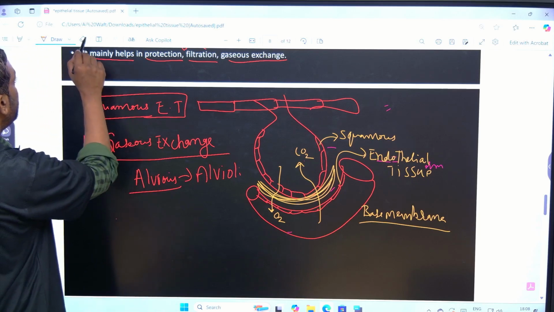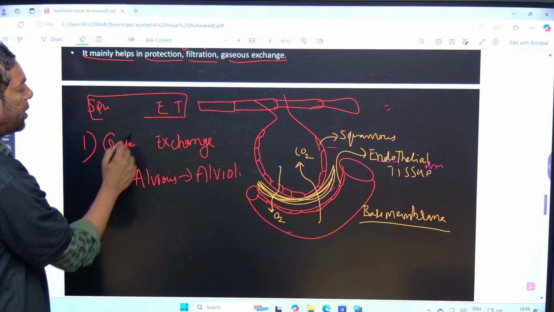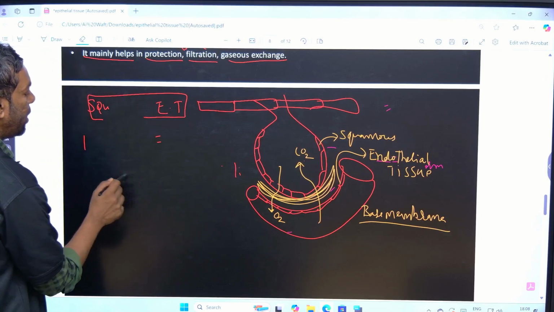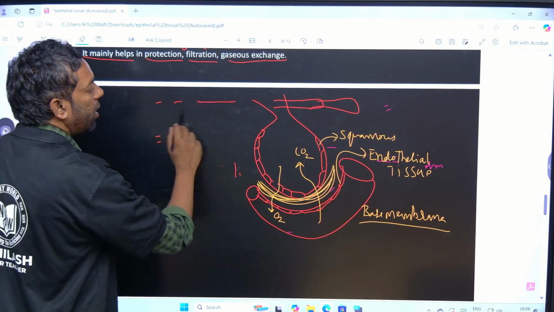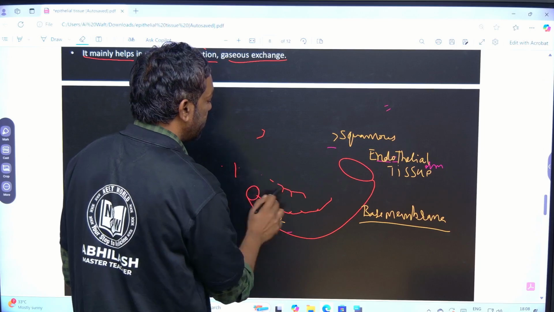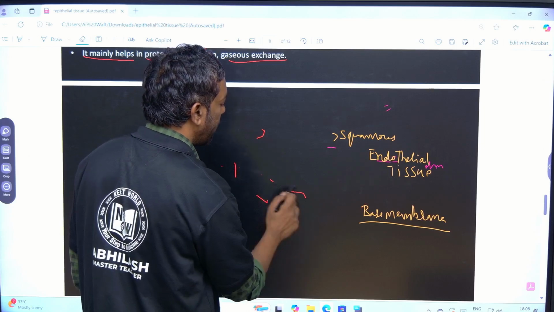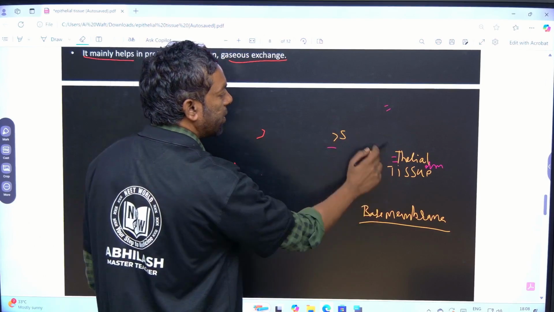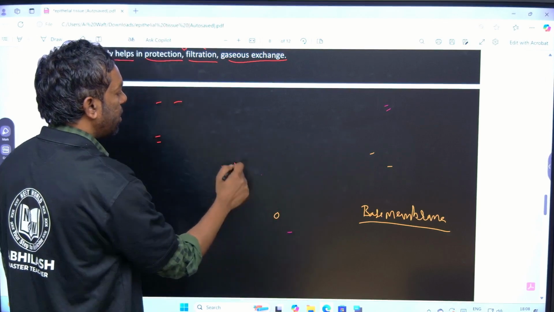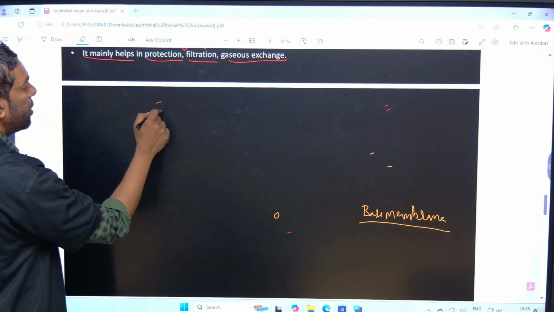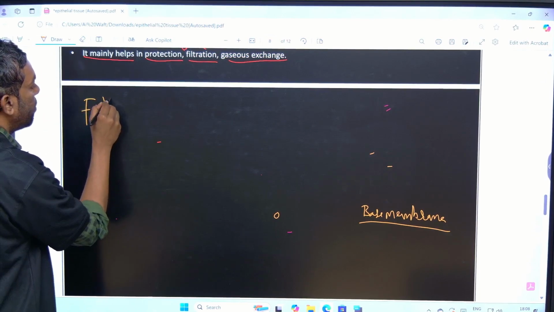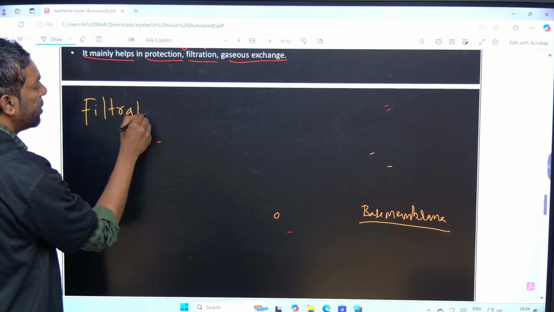Next function is filtration. Diffusion is an example of which is the gaseous exchange. Now, filtration.